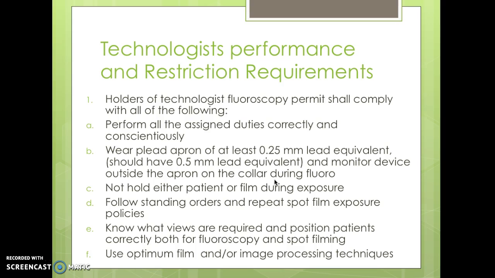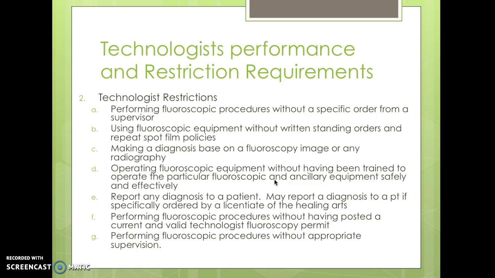And wear a monitoring device outside the apron on the collar during fluoro. You are not to hold either the patient or the film during exposure, and follow standing orders and repeat spot film exposure policies. You need to know what views are required and position the patient correctly for fluoroscopy and spot filming, using optimum film and/or image processing techniques. So that is what is required.